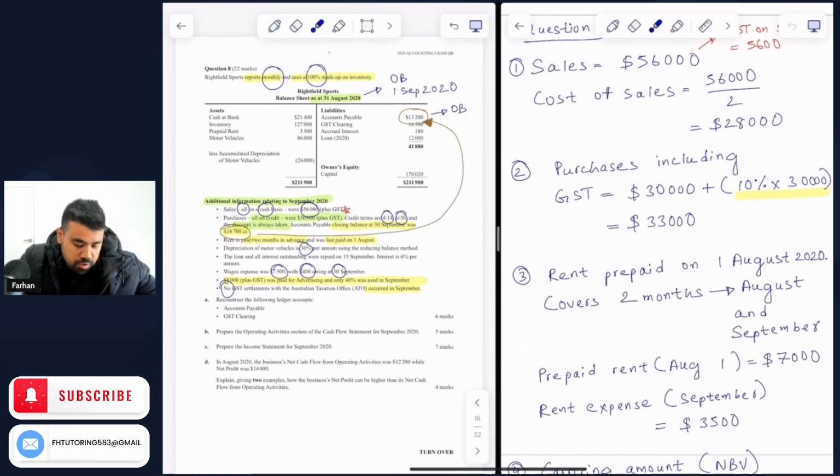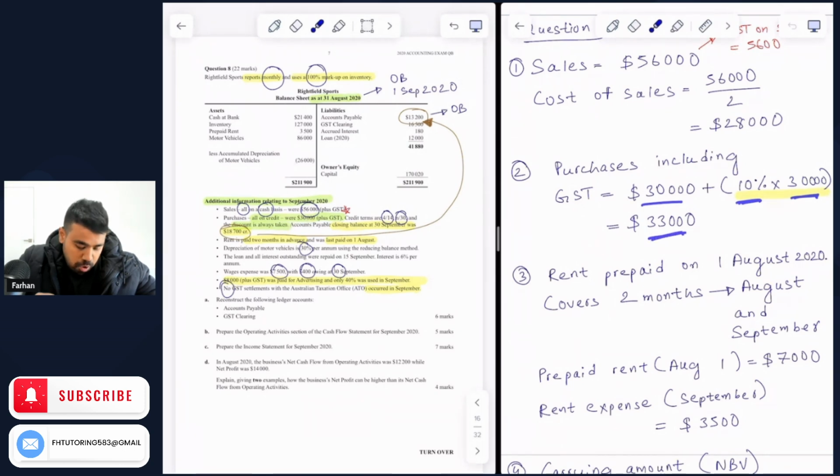Let's understand a few things first. The purchases given here are excluding GST, which is 30,000. Including GST, the purchases will be 30,000 plus an additional 10% multiplied on 30,000, which gives us $33,000.